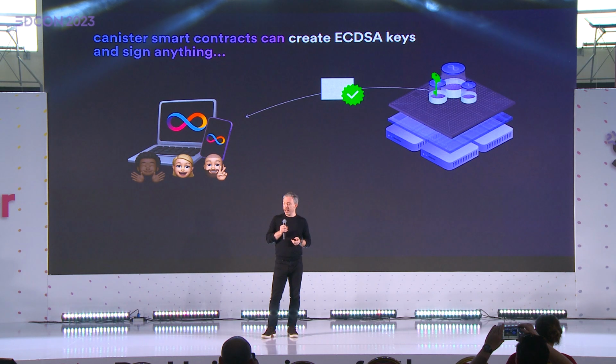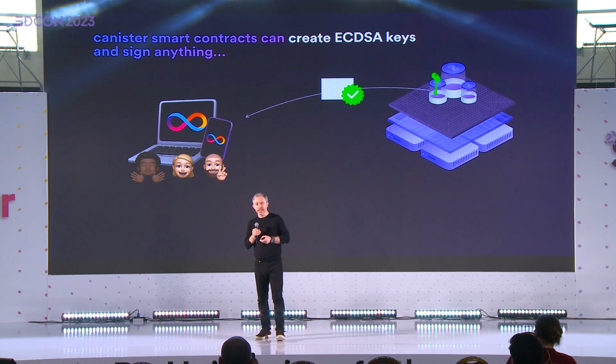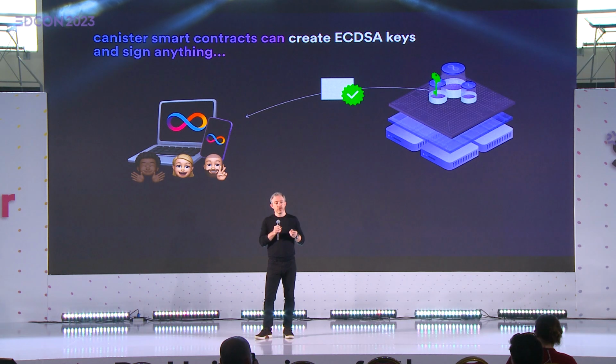So this is where it gets really cool. The chain key crypto framework that powers the Internet Computer has been extended so that canister smart contracts can create ECDSA keys. And again, they're ECDSA chain keys, so there's no private key. It's a sort of variation on threshold cryptography.